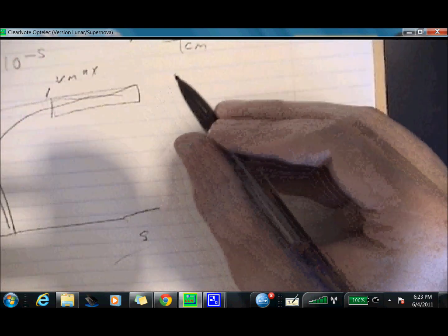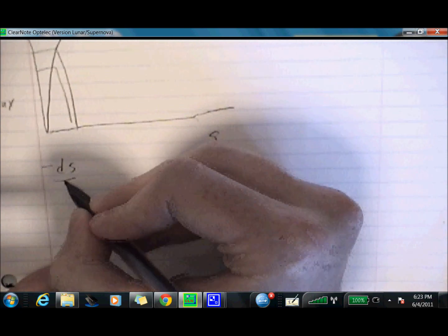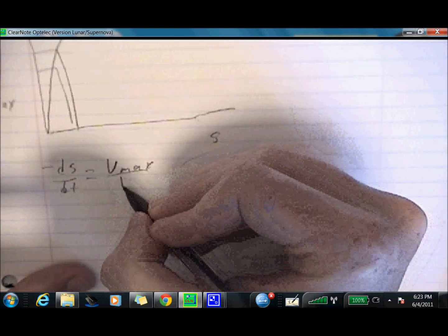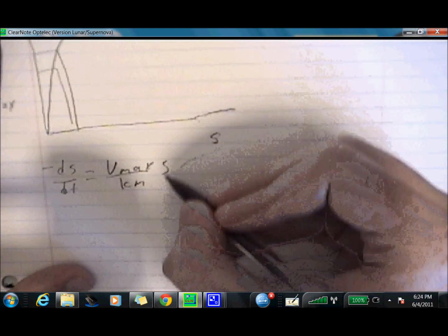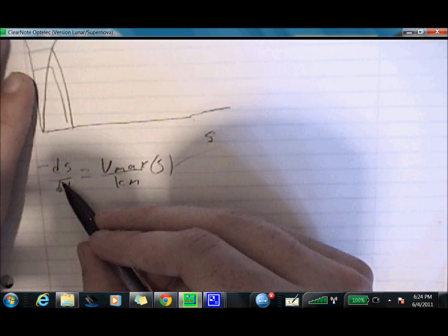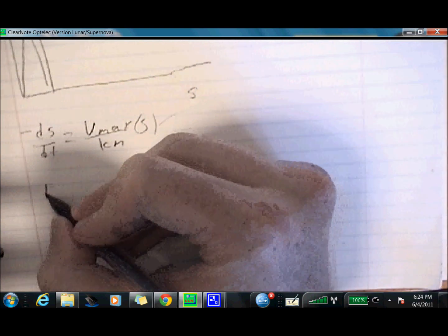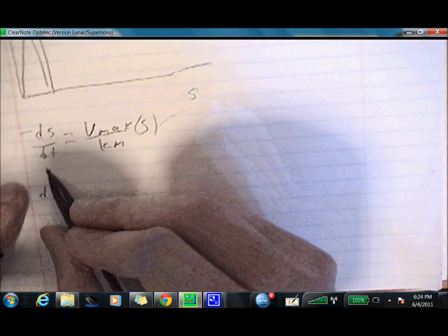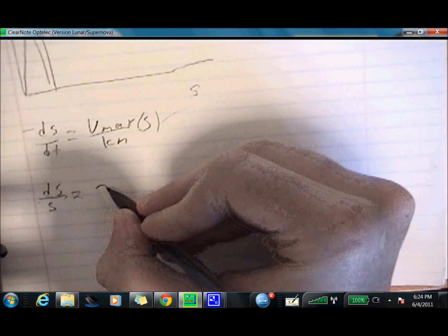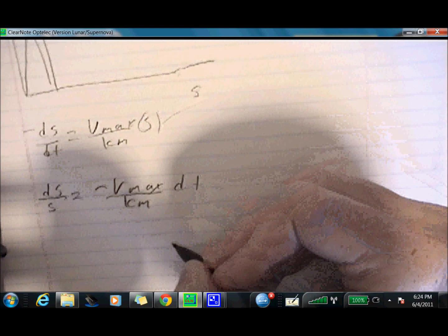So instead of writing V, I'm going to write negative dS over dt equals V max divided by Km, times S. Now I'm going to divide this side by S and multiply this side by dt to get dS, and bring the negative over here: dS divided by S equals negative V max over Km dt.